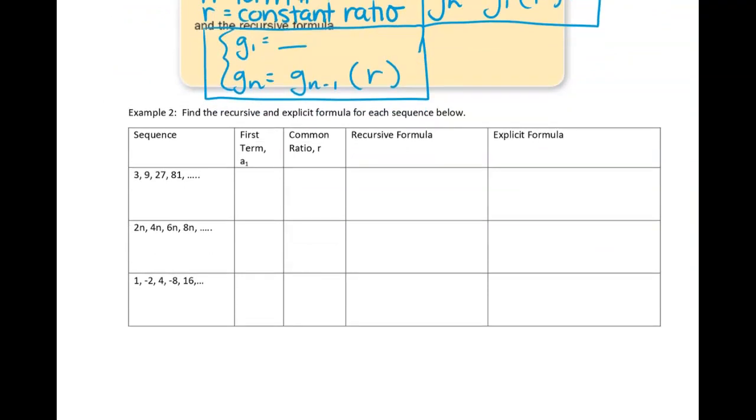Just to review, recursive formulas depend on the prior term, and explicit formulas you can use to find any term without needing to know any term except the first one.